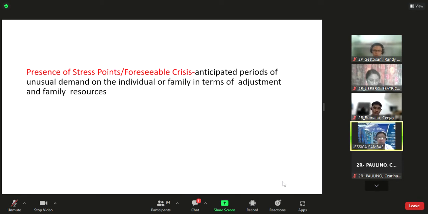Okay? Loss of job, for example. O halimbawa, okay, may sinabihan na yung tatay that this is going to be your last month, no, to be working with a particular company. So matatanggal ka na sa trabaho. So loss of job, okay, in that particular situation could be considered as a stress point or a foreseeable crisis for the family.